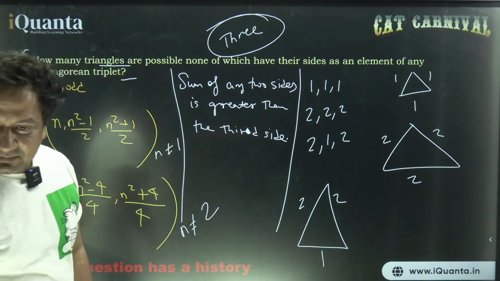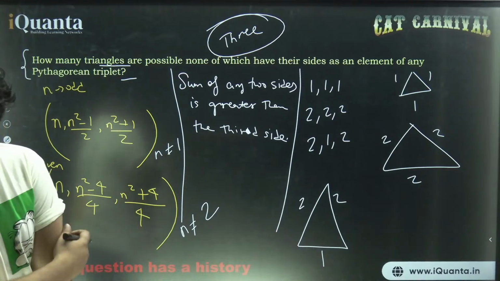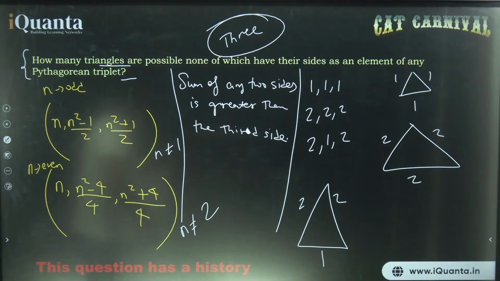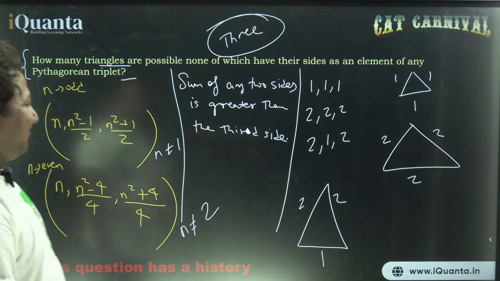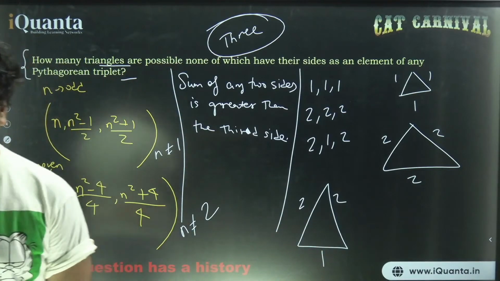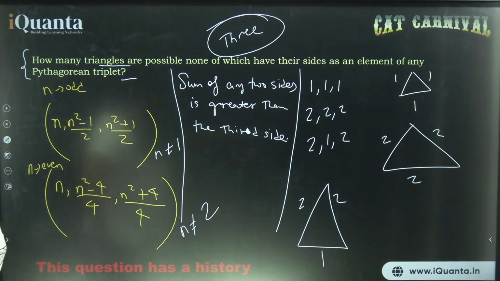I know you know it. है ना? अरे न्यू मैट्रिक्स, हसीब, पंकज, माया, ये देखो. यार 1, 1, 2 तो ट्रायंगल बनेगा ही नहीं. समझ गए? Got it everyone?